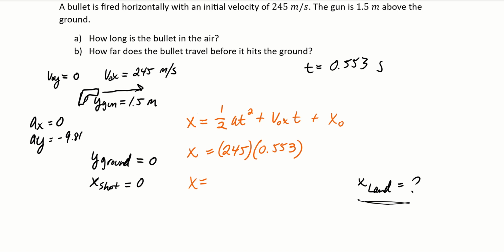So I got 135.5 meters. And that's it. So that's how far the bullet travels before it hits the ground.